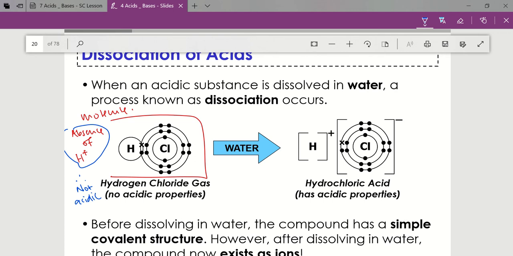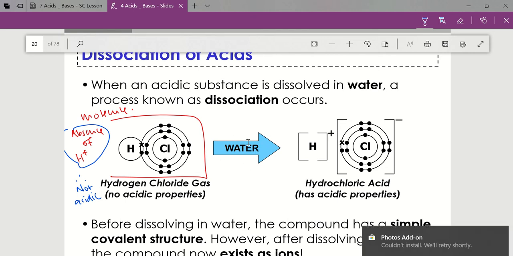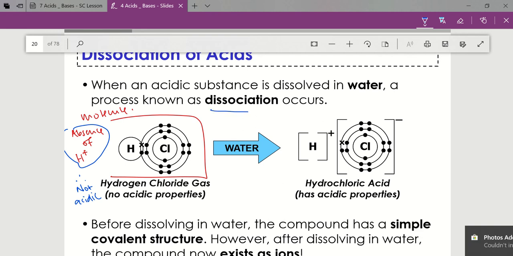Okay, so how can it become acidic is when water is added in. So when the molecule is placed into the presence of water, the water will cause a process called dissociation to take place. So what is dissociation? If you look at the diagram over here, dissociation is a process in which the molecule is broken down into its ions, and in the case of acids, it's in the presence of water.